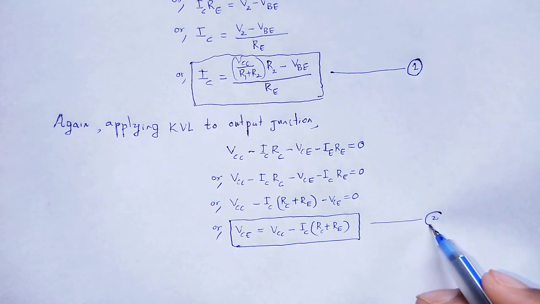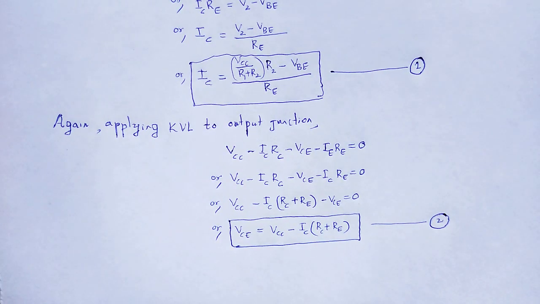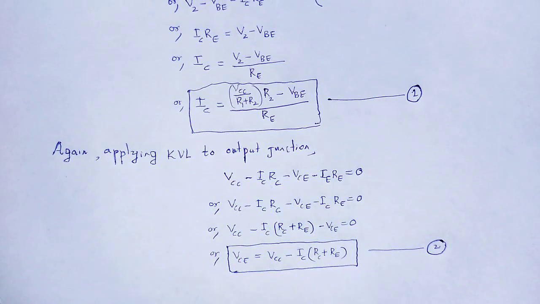This is equation number 2. In this way, the coordinate of that operating point is easily evaluated.